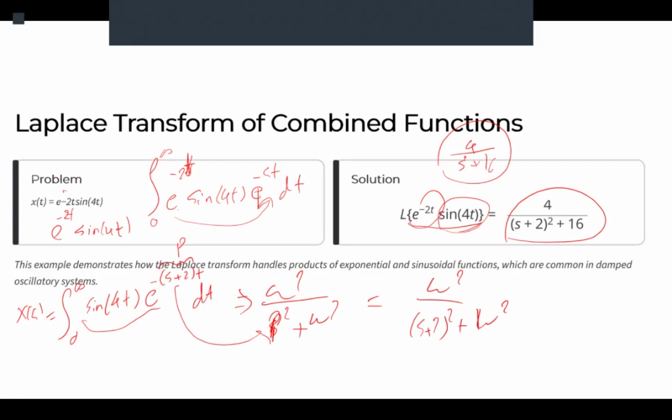Are we good? Now, I don't want to derive the whole integral. You know how to derive this integral. We solved it before. Any question on that? No?